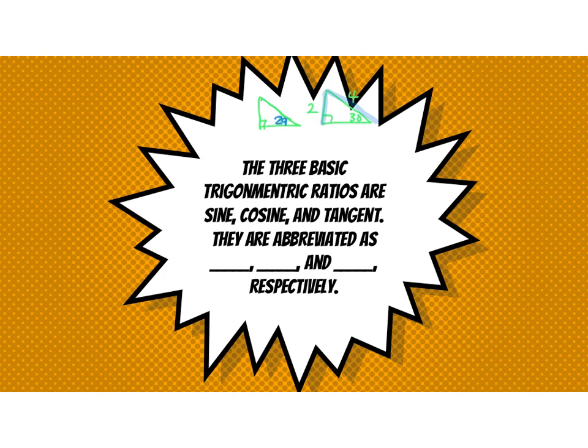And if that side length is still 1, what's the ratio? And they actually figured out for every right triangle, given an angle, you can find the ratios.